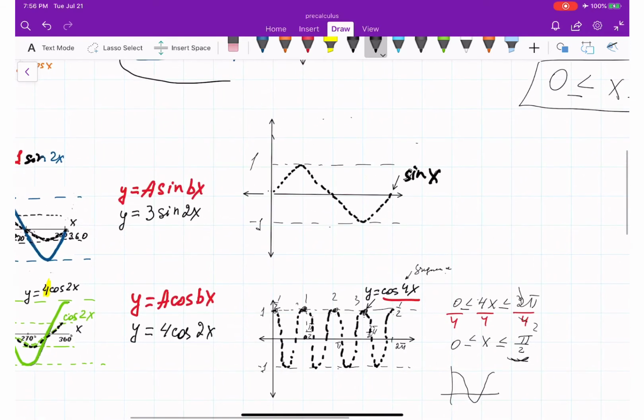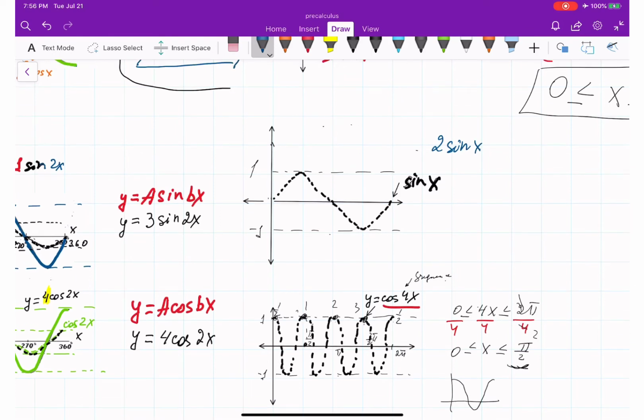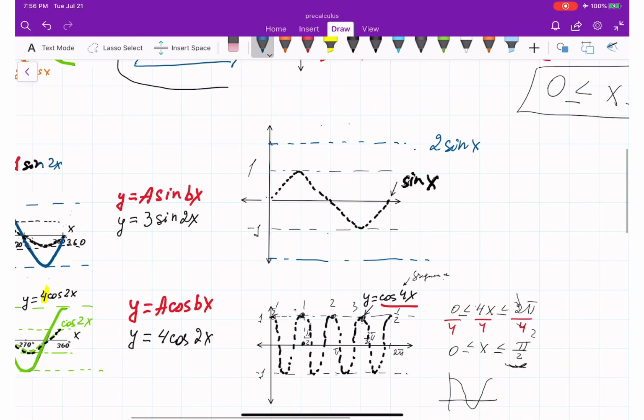Okay, let's build 2 sine x. Which means instead of 1, I'm going to have positive 2 and negative 2. So the graph is going to go like this. It's going to go through the same points, maximum and minimum, but it's going to go higher where 2 is. Right?